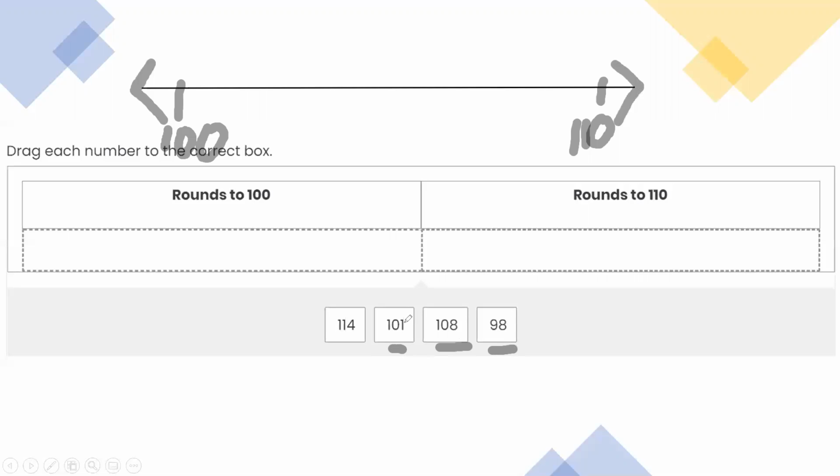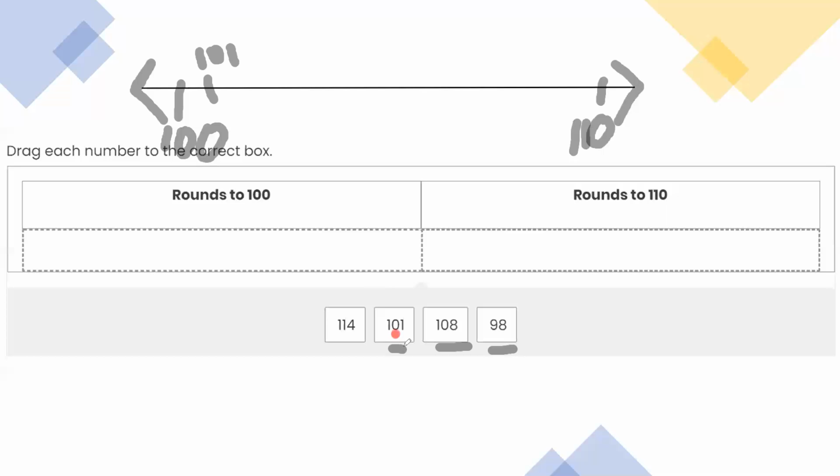So 101 is right here. That would be 101. So the first thing we want to do is plot our number. And then we want to make sure we know where we're rounding to. So we're rounding to the tens place. I'm rounding to where that 0 is.